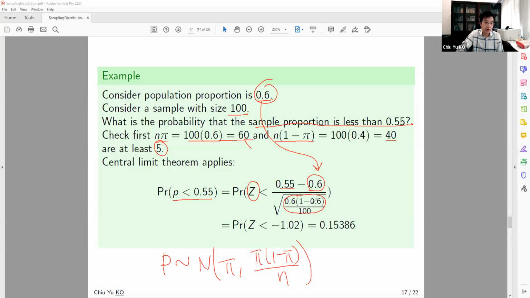So take the square root of this. You simplify it, it gives you this number, and again use Excel, you get the answer. This is just telling you that with the sample proportion, you can easily get the answer.